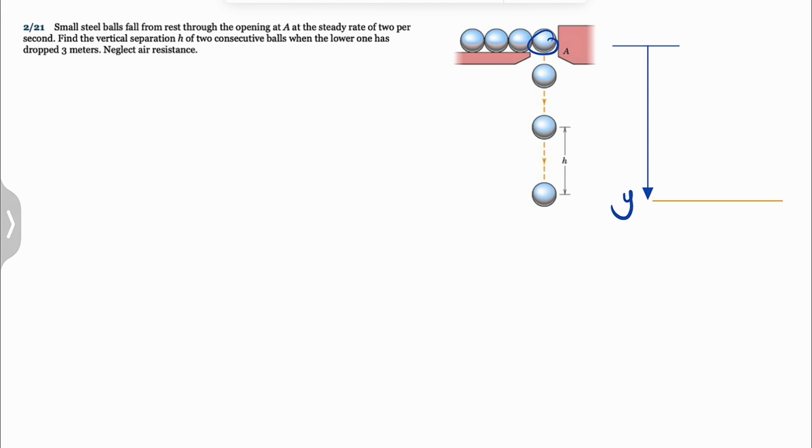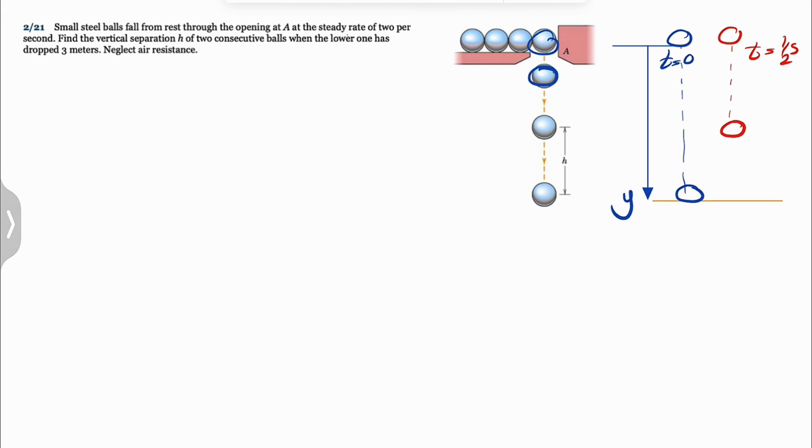These balls are going to fall at a steady rate of 2 per second, meaning if we have the first ball falling down, let's say this is our first ball, and this is our t equal to 0, half a second after that the second ball is going to fall.